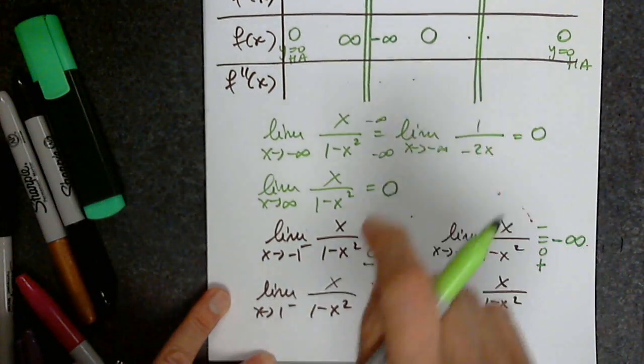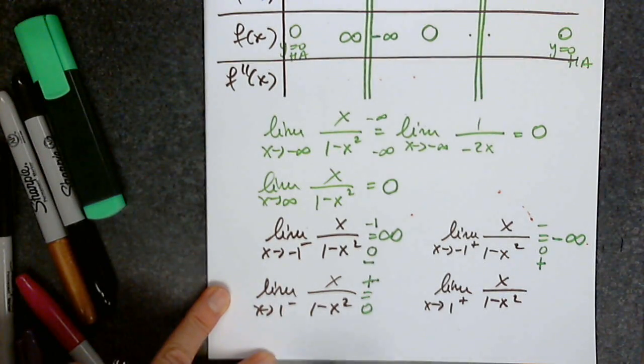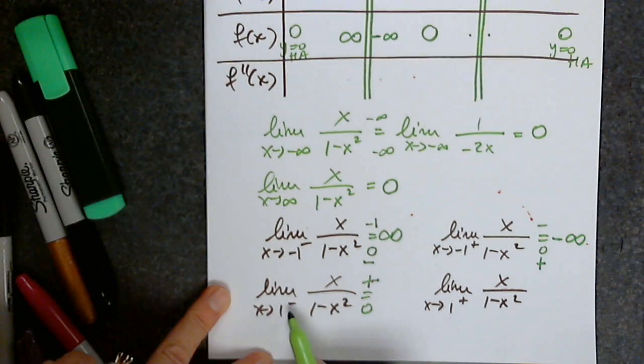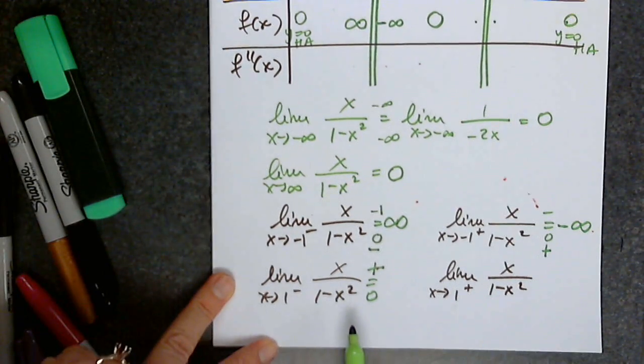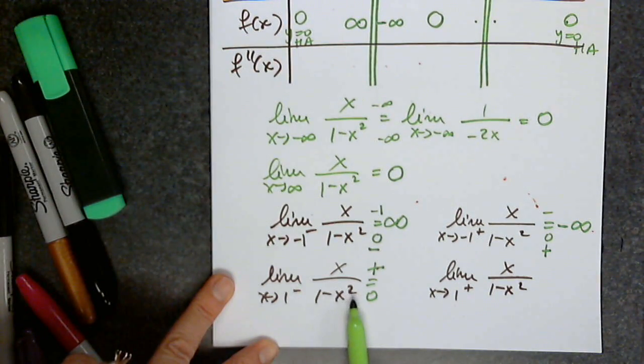Now here, I know the top is positive and the bottom is 0 because at 1 it is undefined. So 1 from the left, 0.9. The top is positive. 1 minus 0.9 squared. Will it be positive or negative?